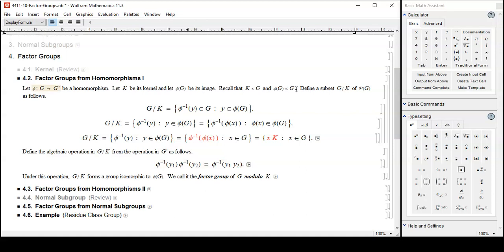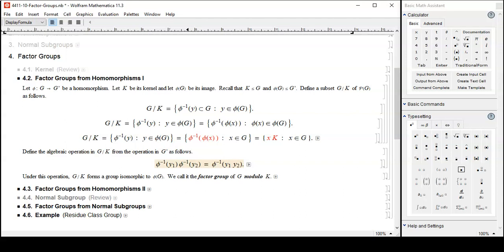Remember, phi of G is a subgroup of G prime, so phi of G follows the algebraic operation of G prime. And G prime is a larger group, and this is a group operation in G prime. So this definition of this algebraic operation was induced from the group operation in G prime.